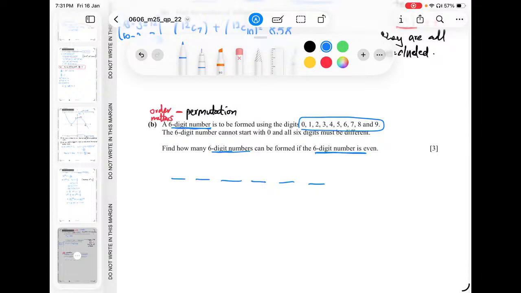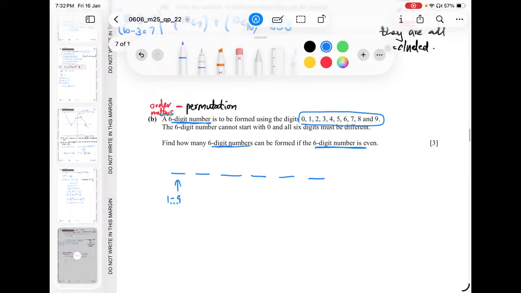So you know that they told that the 6-digit number should not start with a 0, and that's self-explanatory why. So that means you can only choose from 1 to 9 over here. So that gives you 9 possibilities for that. And for the rest of the numbers, they should all be different.